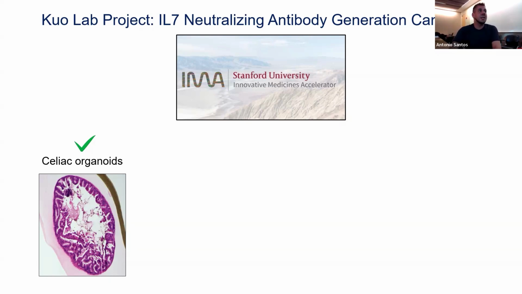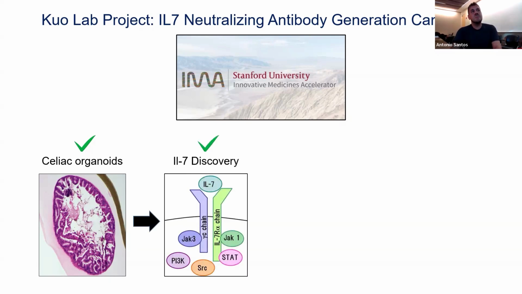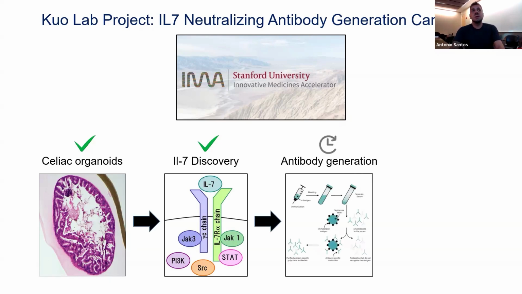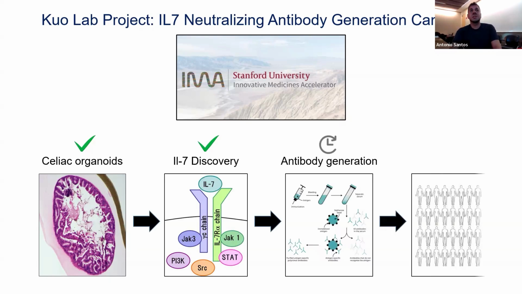So this really started with celiac organoids, and then by studying them, I made a discovery that IL-7, which is pro-inflammatory, is involved in disease. Now we are creating an antibody together with IMA at Stanford, and this is ongoing. Potentially, if everything goes well, we can go to clinical trials to try to treat celiac disease.